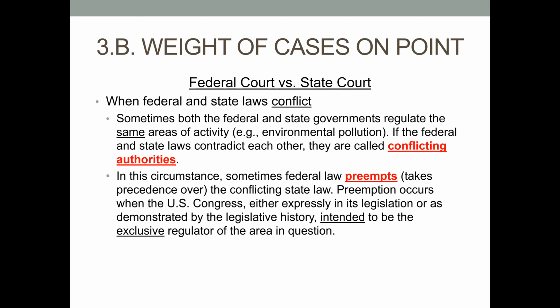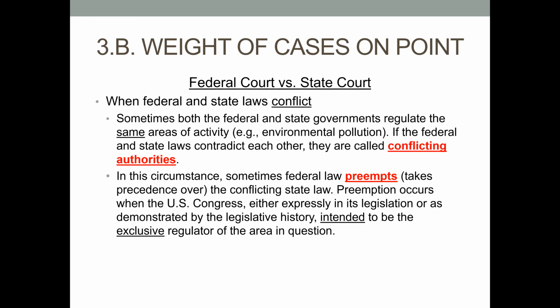Now, it is not just automatic that if there's a conflict between federal and state law, federal automatically trumps and you just move on. Rather, there is a doctrine of preemption that federal courts will follow in determining whether federal law preempts the conflicting state law.